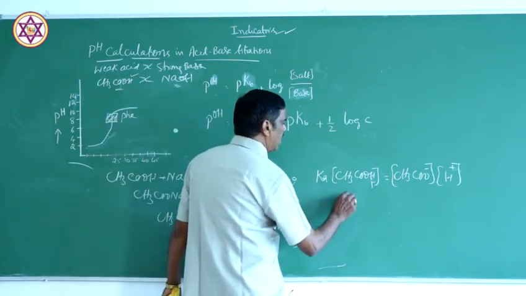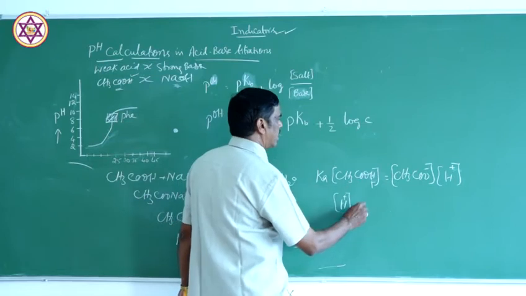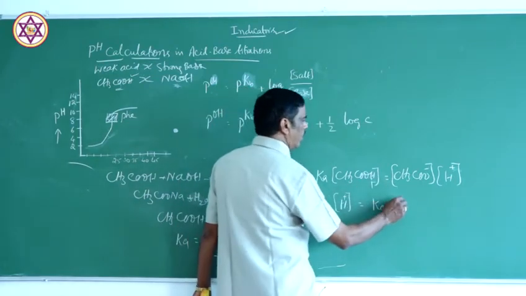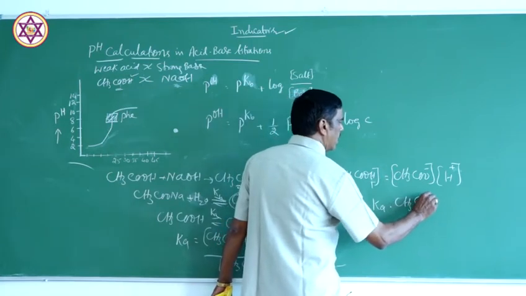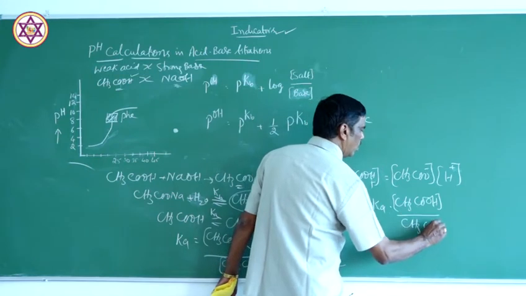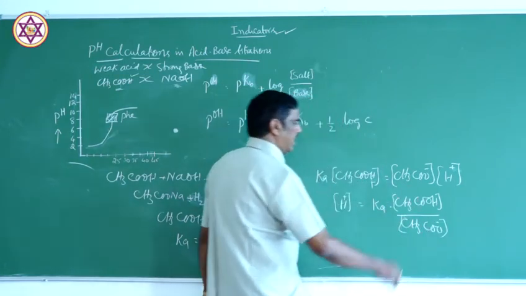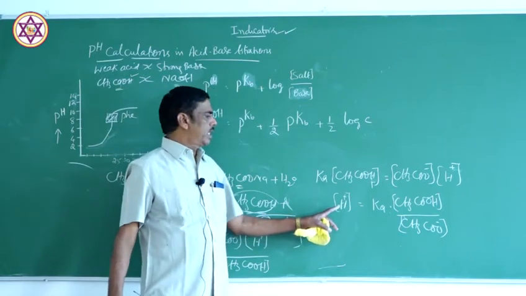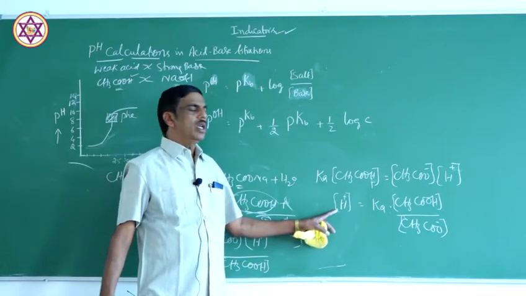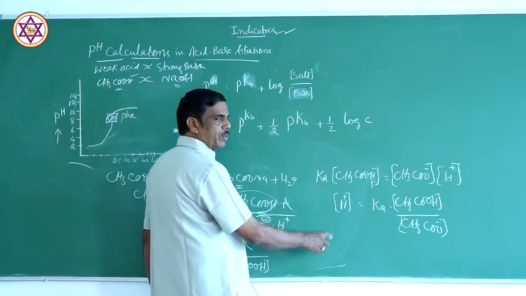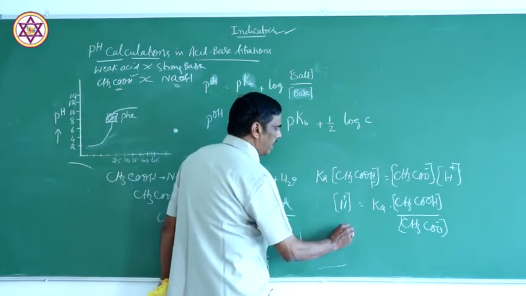Therefore, H plus concentration is equal to Ka into CH3COOH concentration divided by CH3COO minus concentration. We know that to convert this H plus concentration into pH, you have to take negative logarithm. Negative logarithm of H plus to the base 10 is nothing but pH.